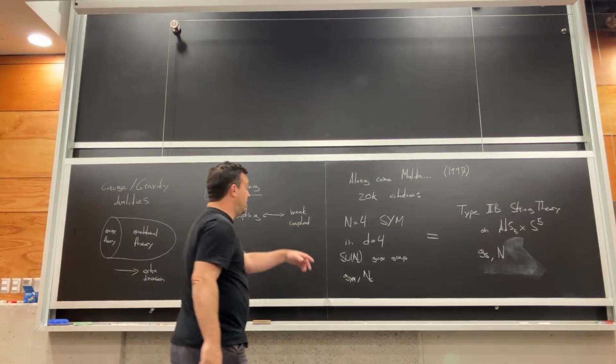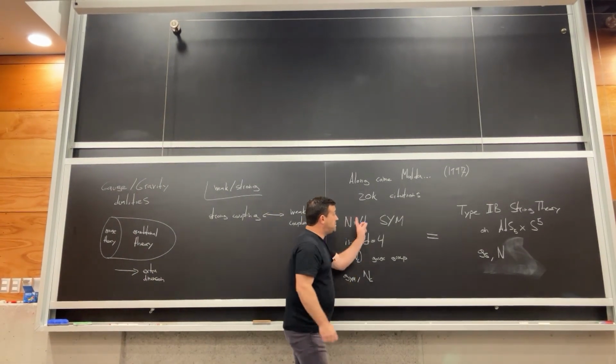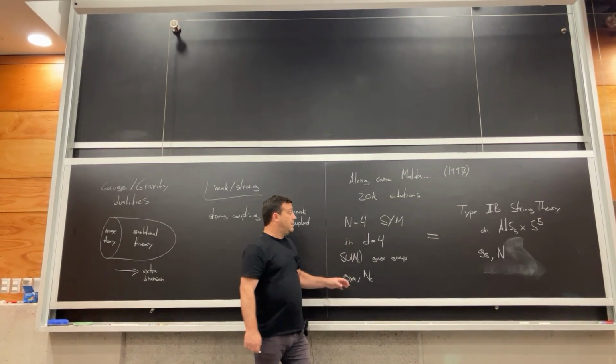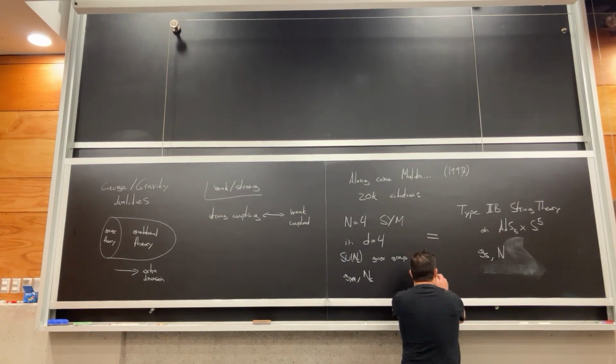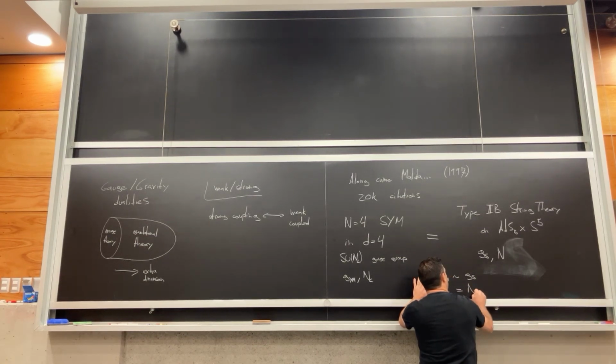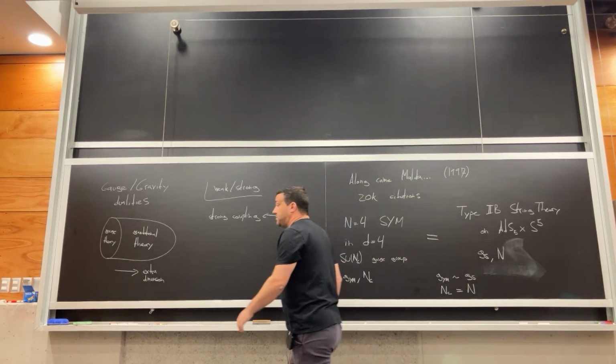Okay, so now you have these two parameters. Now, if these two theories are going to be the same, you have to relate them somehow. And then the dictionary says that g Yang-Mills is the same as g string, and that the number of colors is the number of branes. Let me check that exactly.